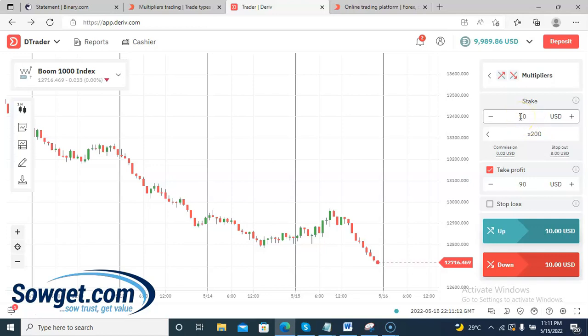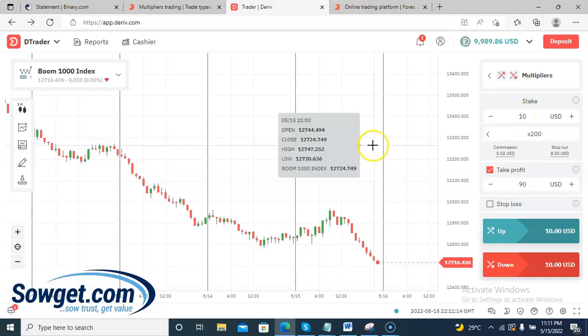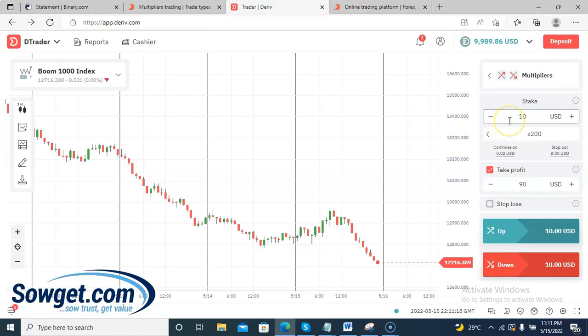So even if you decide to go into a prediction on the market, and you decide to stake, let's say for example we stake $10, if the market goes against us, the maximum we can lose is this $10 that we staked.